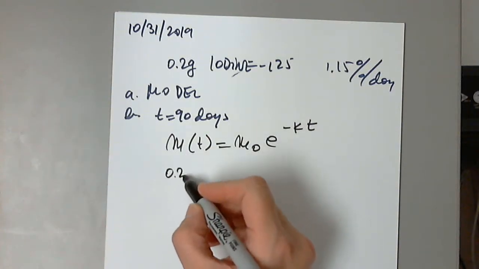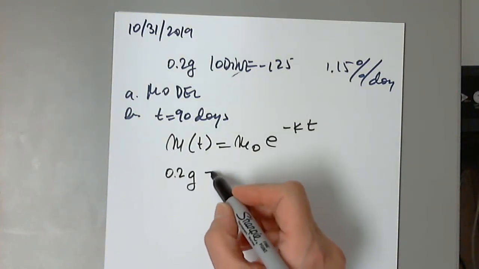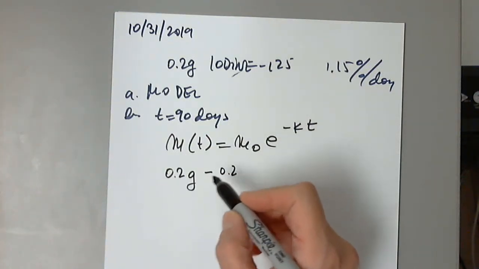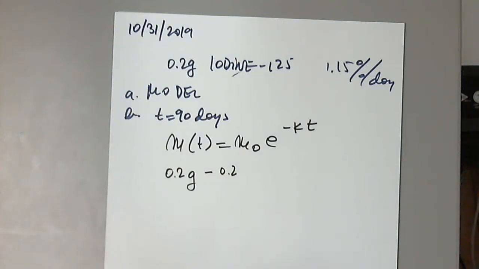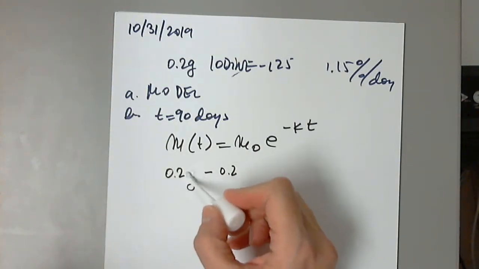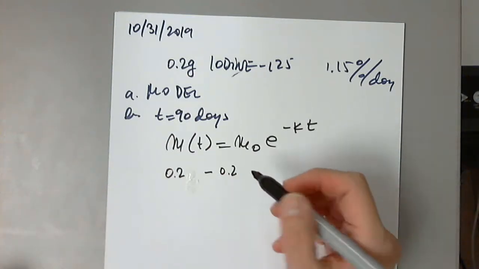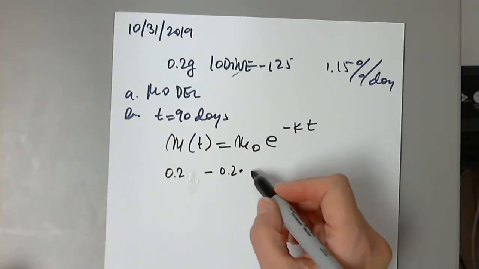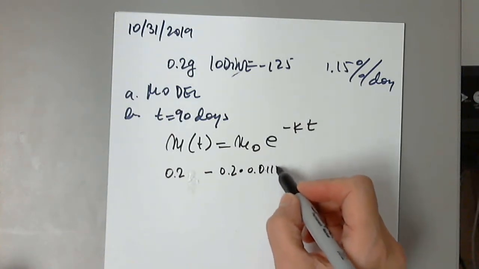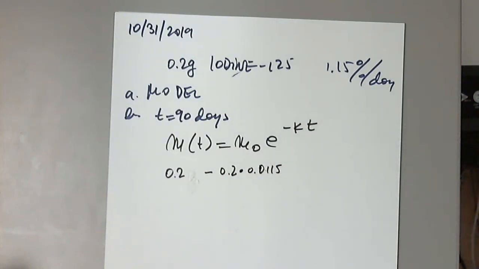If we start with 0.2 grams, we subtract 0.0115 of it. It's like my example. I have $100 and I give you 10% today, so tomorrow I have $90.